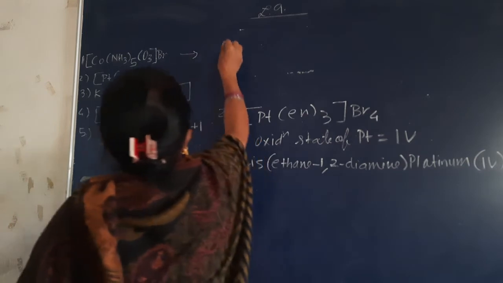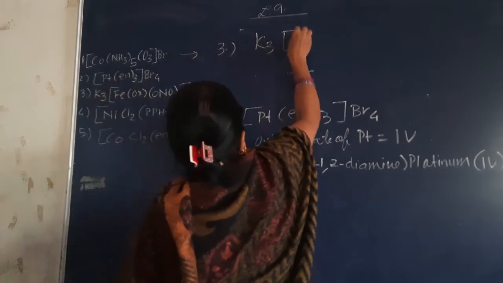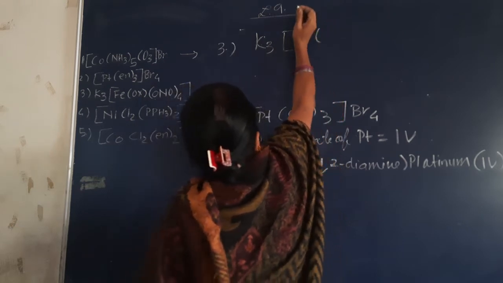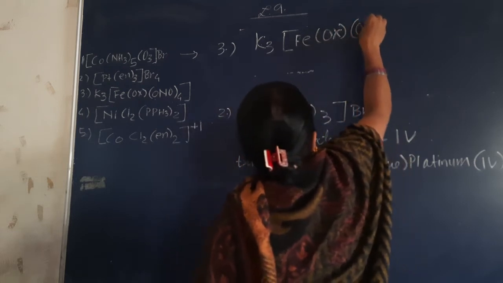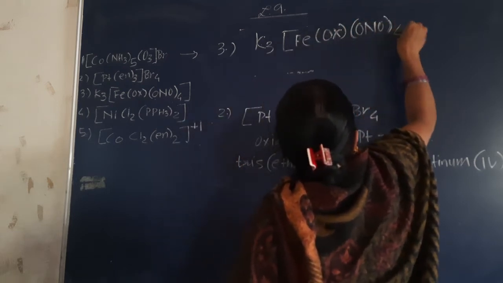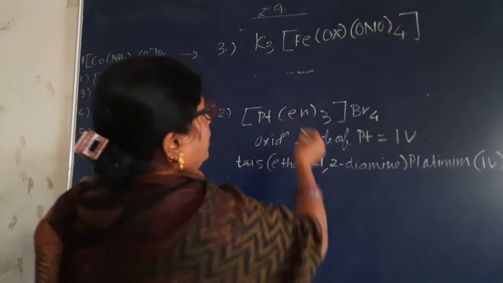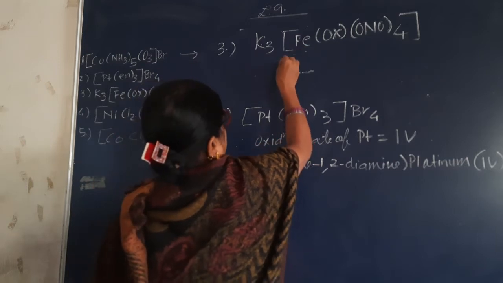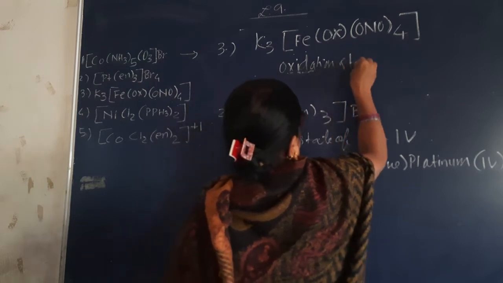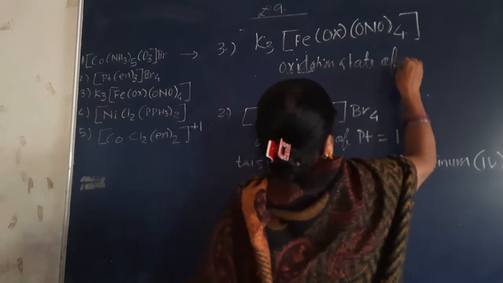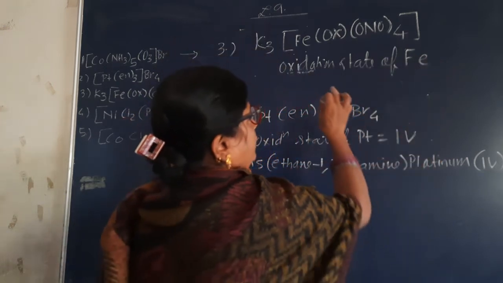Third one is K3[Fe(ox)(ONO)4]. Here we see the positive part is present. So let us find out the oxidation state of iron. Oxalato is -2, ONO is -1.